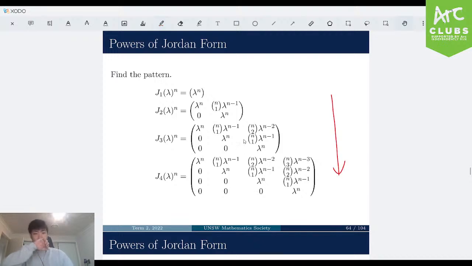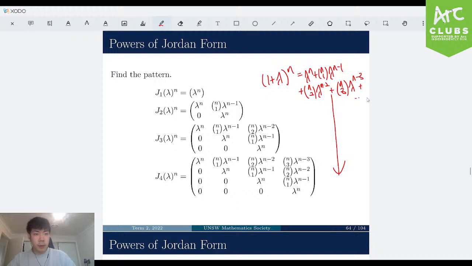Now, note that the pattern here essentially is that if you read this matrix row-wise, it's really just the expansion of 1 plus lambda to the power of n. Right, because this expansion would just be lambda n plus n choose 1 lambda n minus 1 plus n choose 2 lambda n minus 2 plus n choose 3 lambda n minus 3, and so on, right?